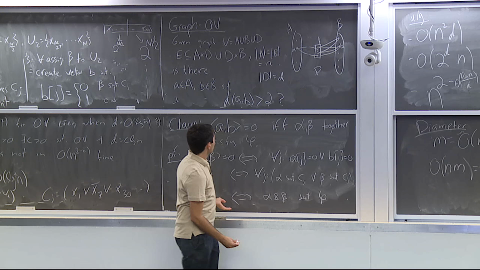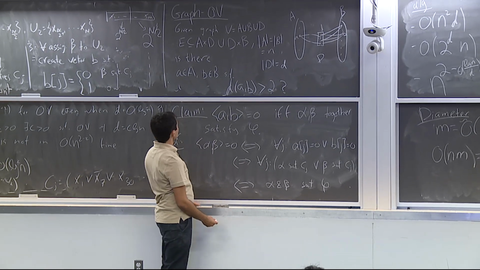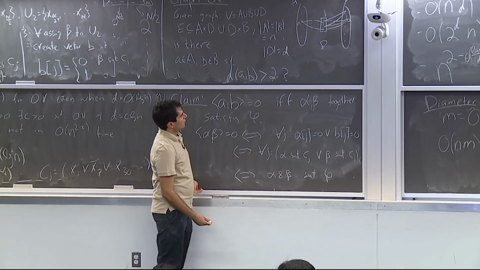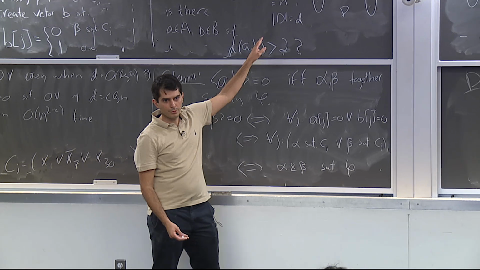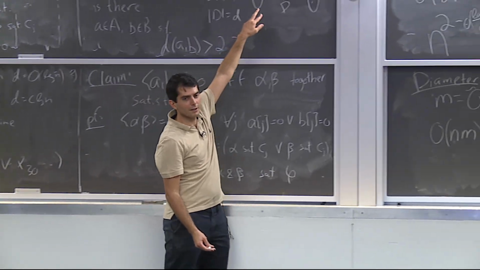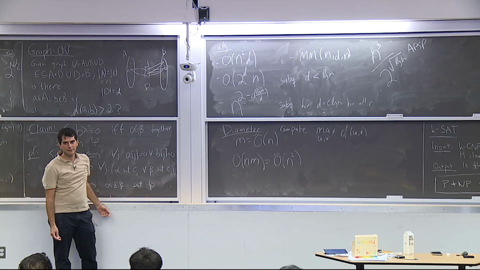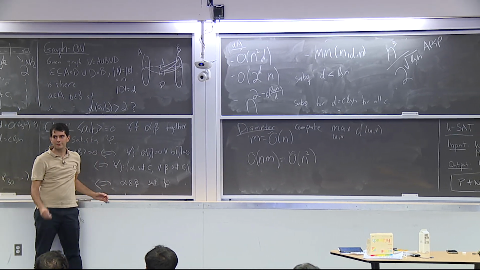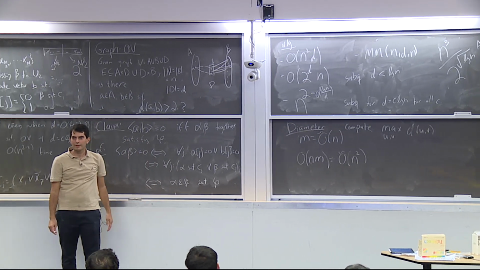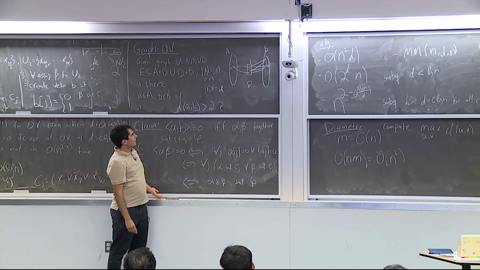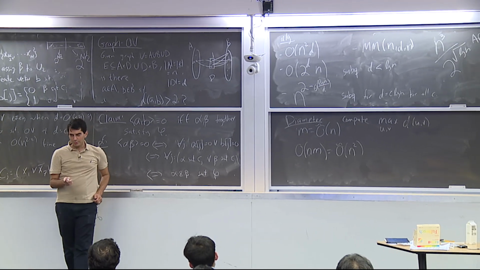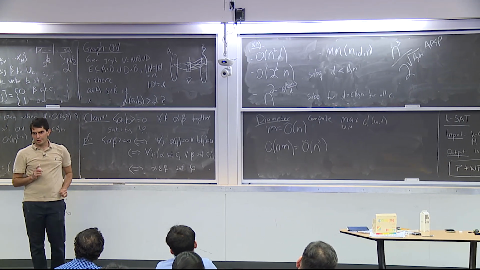We don't know that the diameter is 2. Even if there's no orthogonal pair, there could be some pair of vertices that have distance 3.